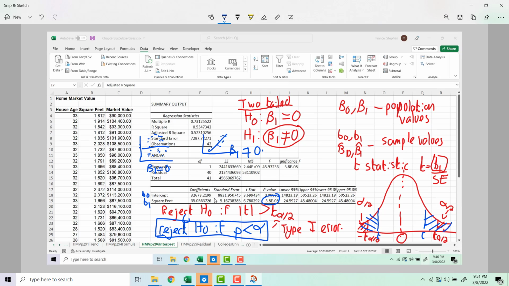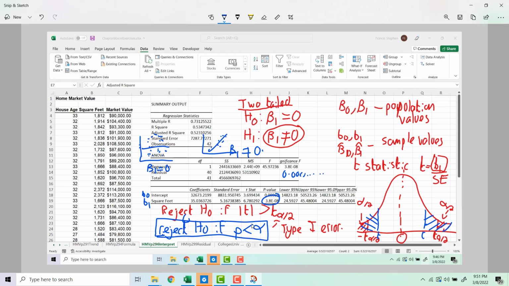So again, reject H0 if p is less than alpha. We see here, remember, 3.8 E minus 8 is 3.8 times 10 to the minus 8. This is a really, really small number, like 0.0000, etc. So in this case, we reject H0. My p-value is 0.000000, which is less than my alpha if my alpha is 0.05.